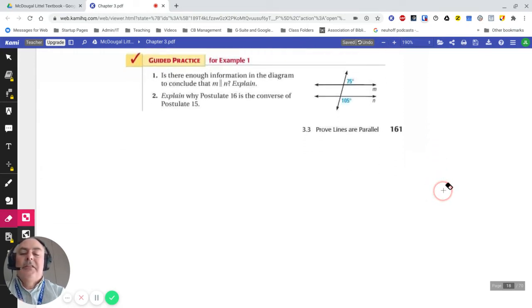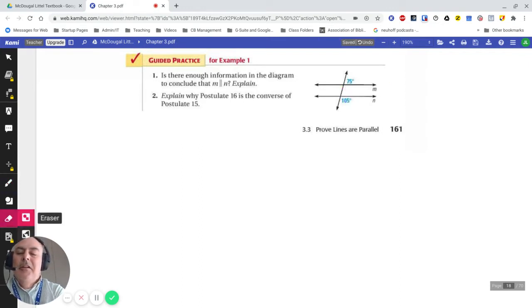In this case, I have a situation where I don't have a direct relationship between those angles. They're not corresponding, alternate interior or alternate exterior. However, I do know that these angles form a linear pair. It's another concept we learned in chapter 1.